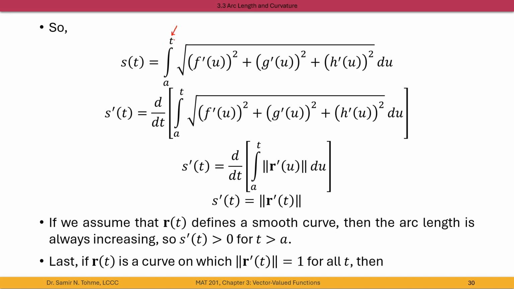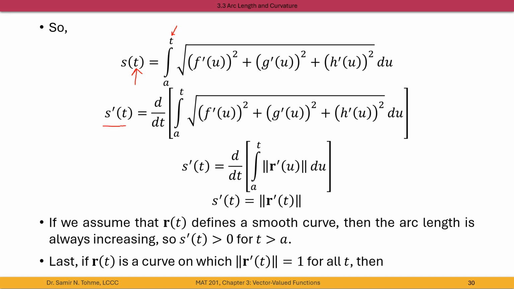So this is not a number. This is a variable. So you're gonna use the same equation, but instead of specifying an upper limit value b, you're gonna specify an upper limit variable t. So in this case, you will get a function instead of having a value that shows you the length of the arc.